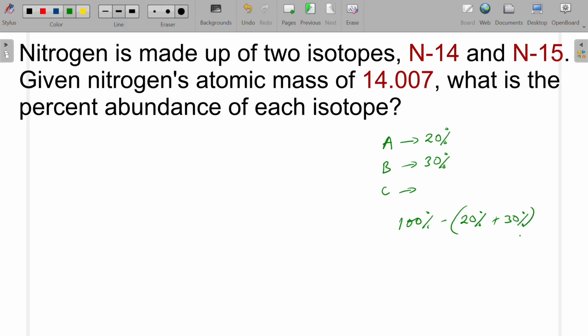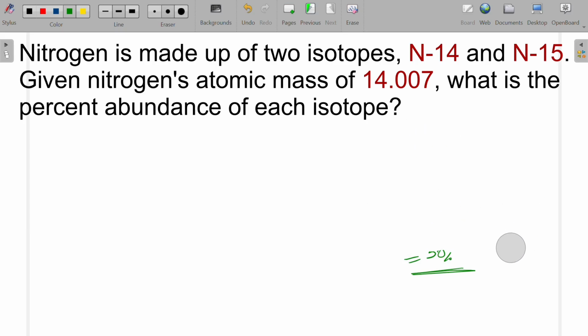This would basically give us the percentage for isotope C, and this would give us 50%. So this is how we're going to get our percentage abundance for isotope C. The point we need to get here is the total percentages must add up to 100. All right. So having that in mind, let's go back to our question and see how we can solve it.